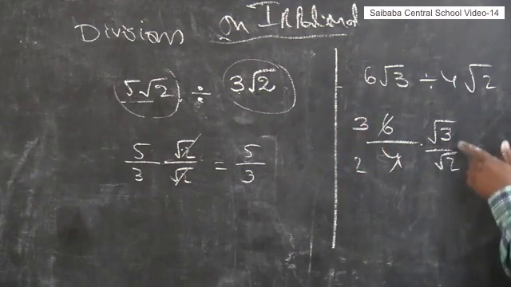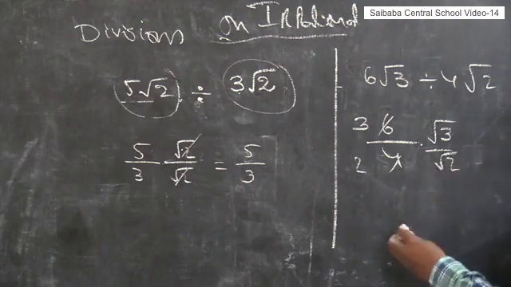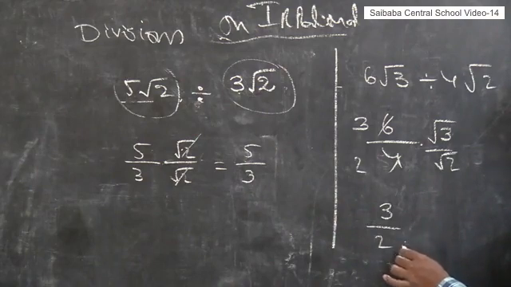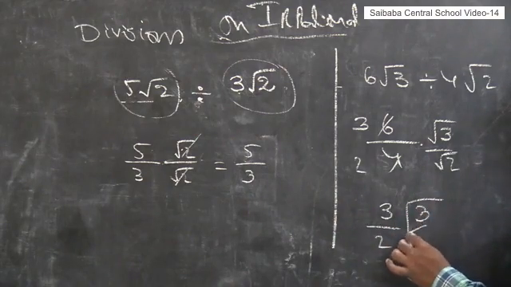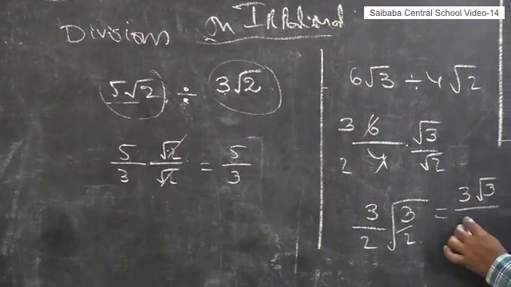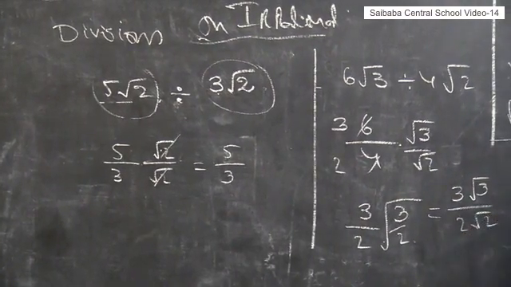But here root 3 by root 2, then we can use a single root, root of 3 by 2. We can take like that, or else we can represent like this. Then nothing there to cancel. 3 root 3 by 2 root 2. We can take like that.